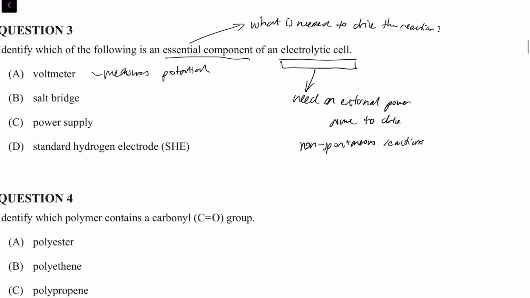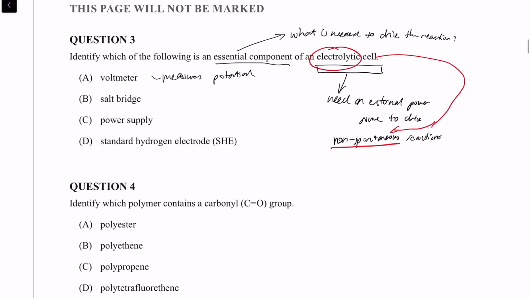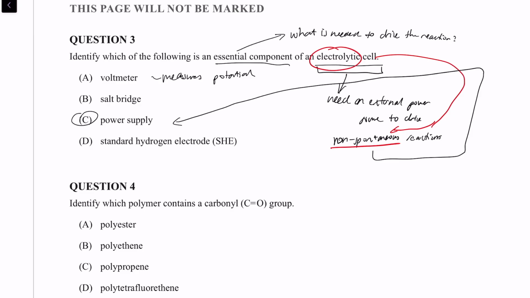Okay, so the defining feature of an electrolytic cell is that it is a non-spontaneous reaction, which means that we can't just put two substances or elements in a cell and expect them to automatically react. We need something external, such as a power supply, which is our answer.